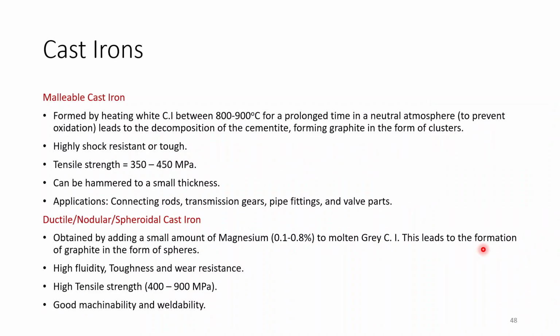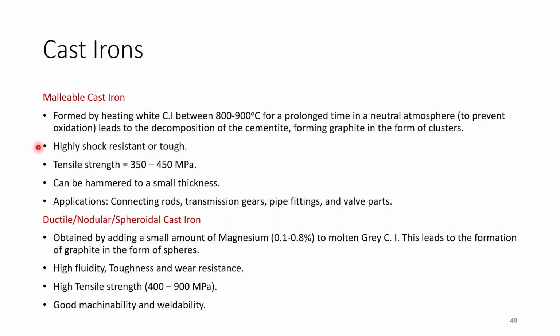Next you have malleable cast iron, which is formed by heating white cast iron. The heat treatment is between 800 to 900 degrees Celsius for a prolonged time in a neutral atmosphere to prevent any oxidation, which leads to the decomposition of the cementite, forming graphite in the form of clusters.